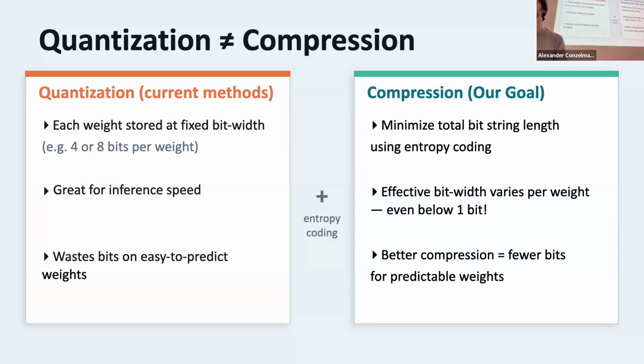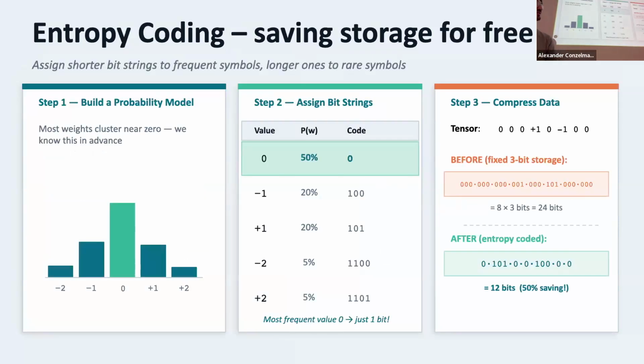So maybe not everyone remembers entropy coding, or vaguely remembers it from their information theory 101 course, so I have a short recap slide here. The key idea of entropy coding is that we assign shorter bit strings to frequent symbols and longer bit strings to more rare symbols.